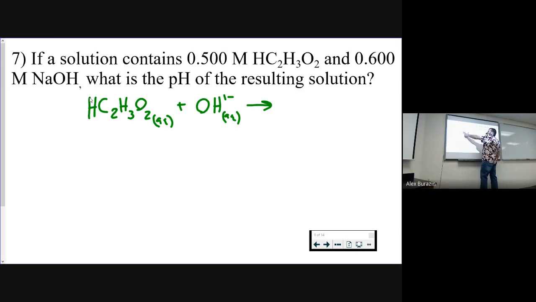Now, in this instance, A is that whole thing, right? It's an anion. And my anion is acetate. So I have C2H3O2 1 minus, and I have water.